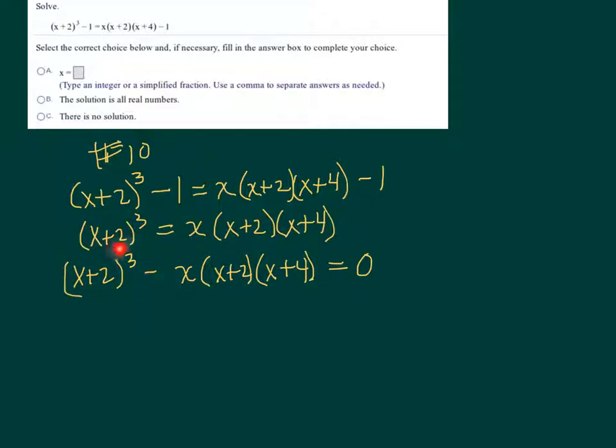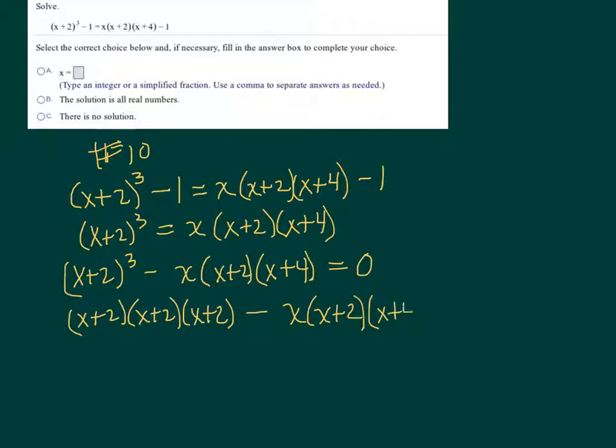You don't have to multiply this out. What you can actually do is expand this into (x + 2) times itself, and then we're still going to have this minus x(x + 2)(x + 4), and this is equal to 0.